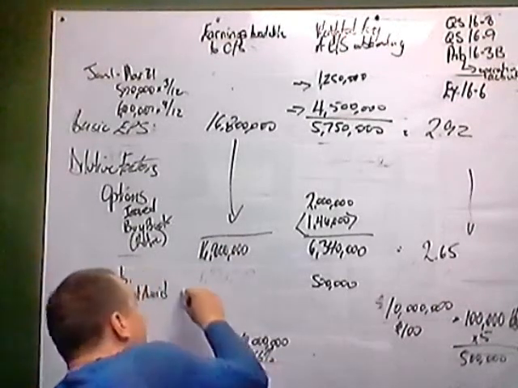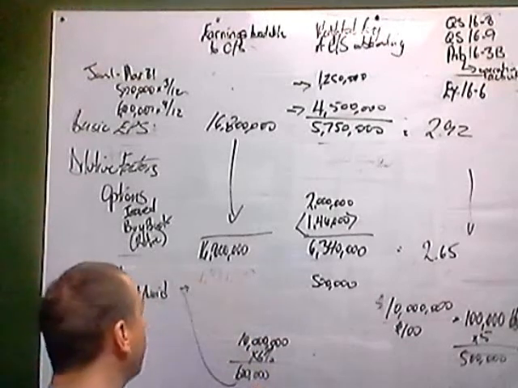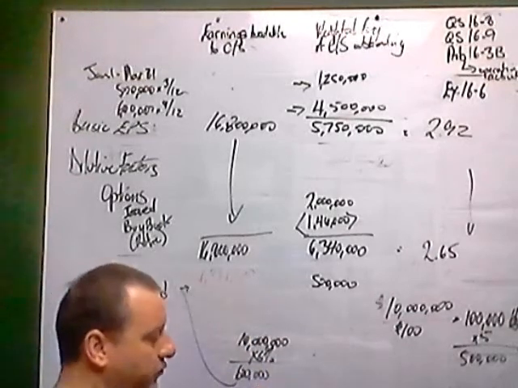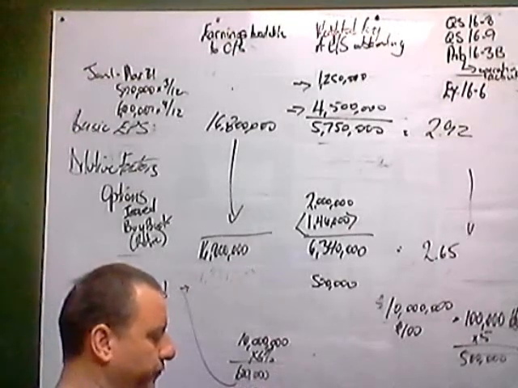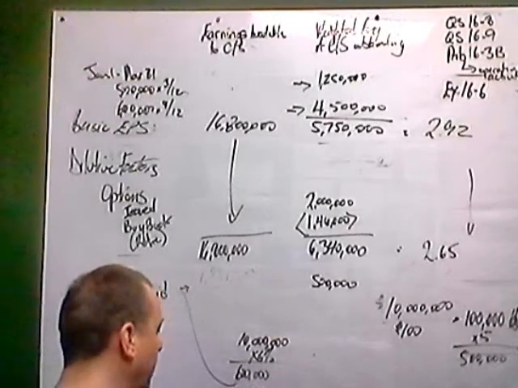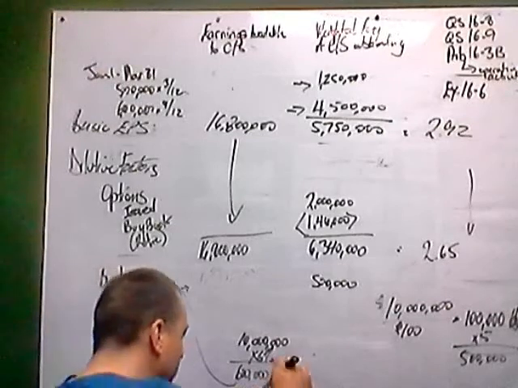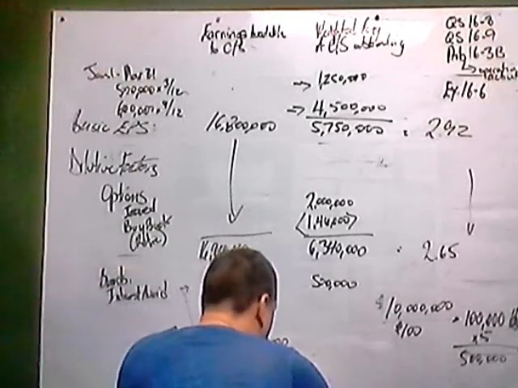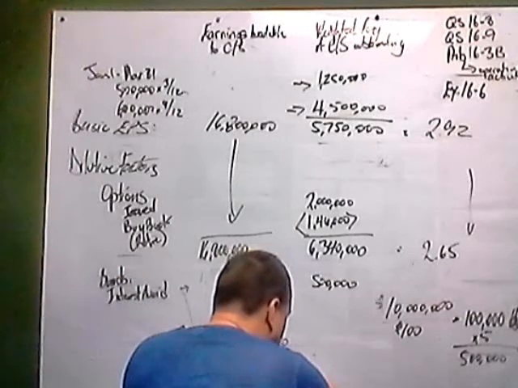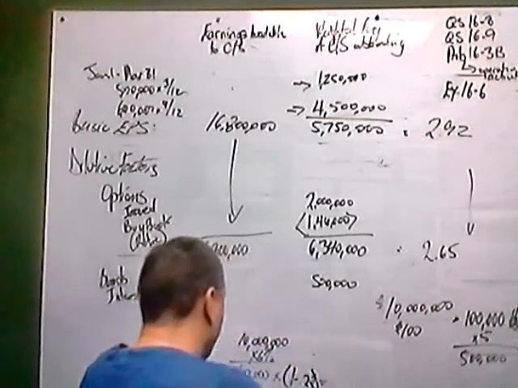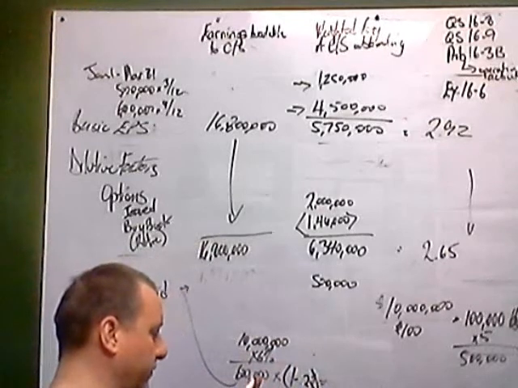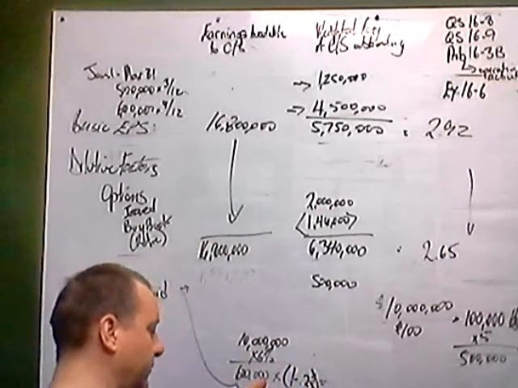Now we can't plug in interest avoidance of 600,000 yet. Why? Because we need to convert that to an after-tax amount. So we take 600,000 times 1 minus the tax rate. The tax rate is 20%, so 600,000 times 0.8 gives 480,000.